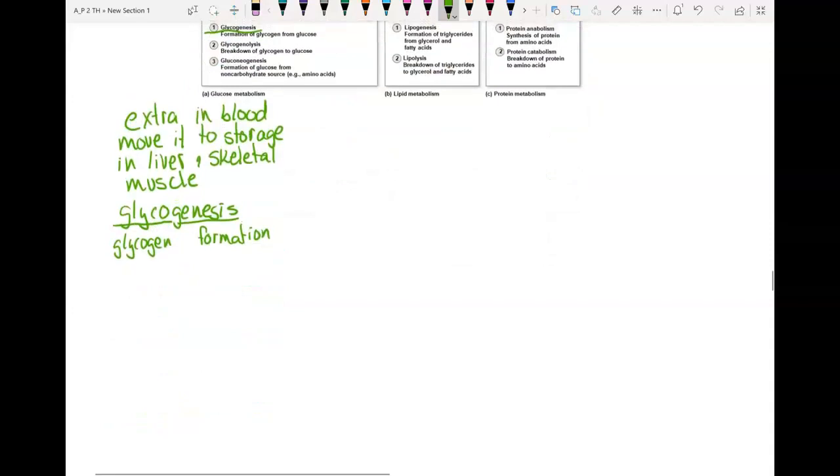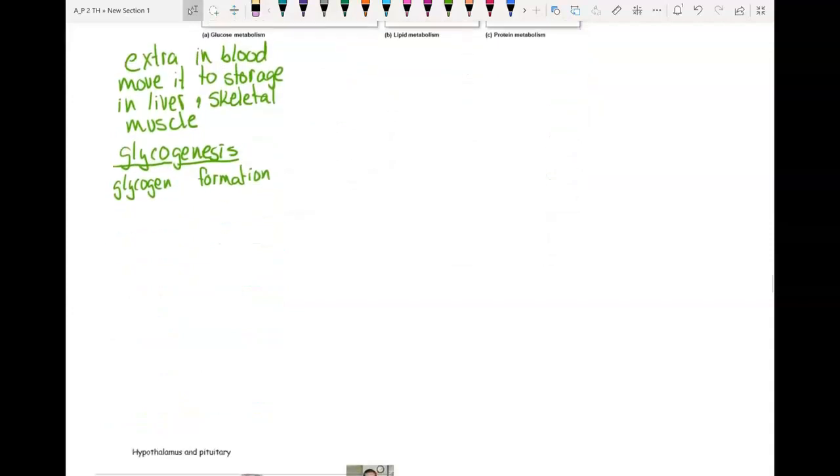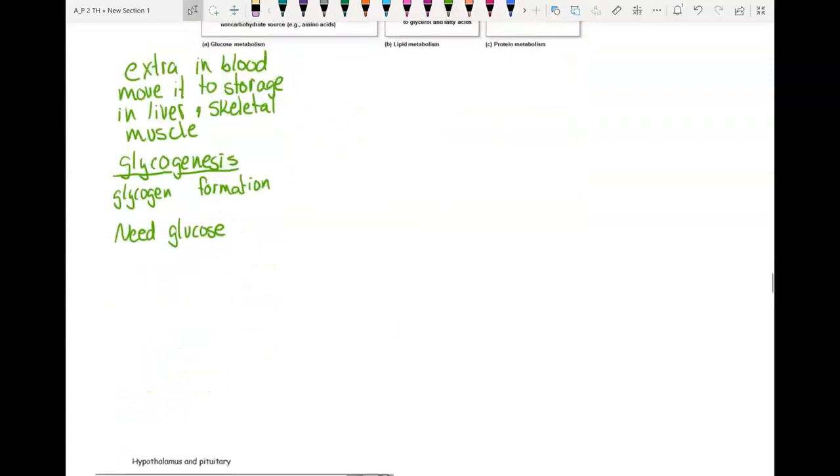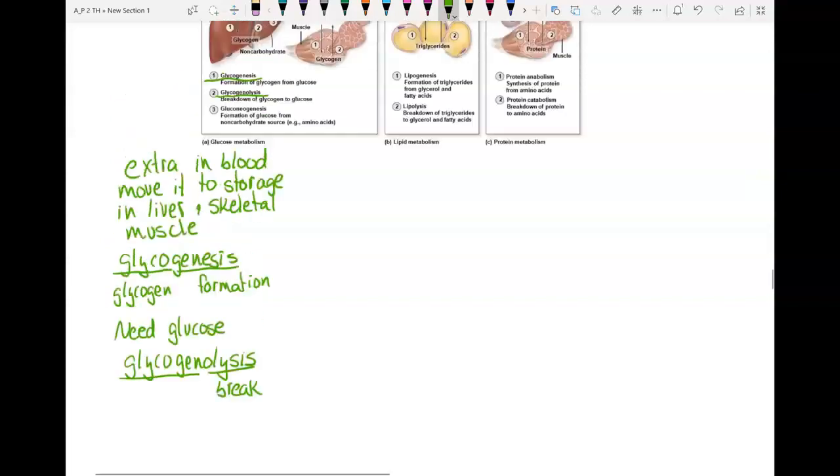Then between meals, when you need to get that glucose back out of storage, then you will do this process, glycogenolysis. Lysis means break. And then again, there you have glycogen. So this just means you break glycogen, and when you break glycogen, you get glucose back.